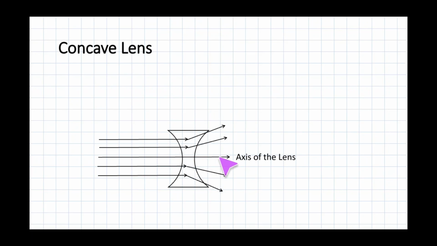That means they do not meet at a focal point, they go away from each other. And now when they diverge, they seem to be appearing from a point, and that point is called the focal point. So this is that focal point, and remember that it is to the left hand side.